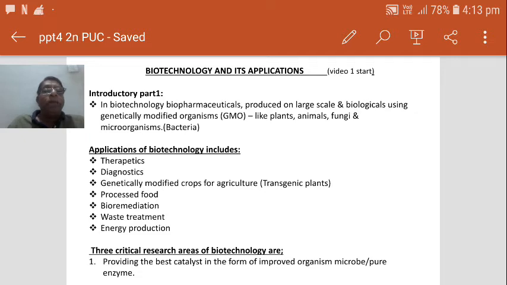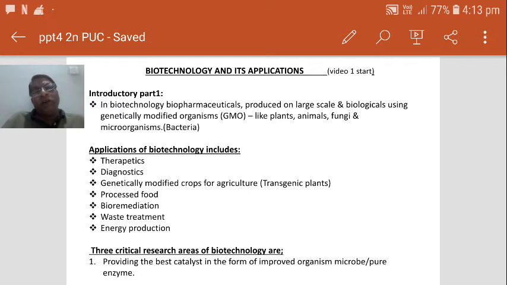So biopharmaceuticals and biologicals are produced from genetically modified organisms. In brief, we say GMOs, genetically modified organisms.